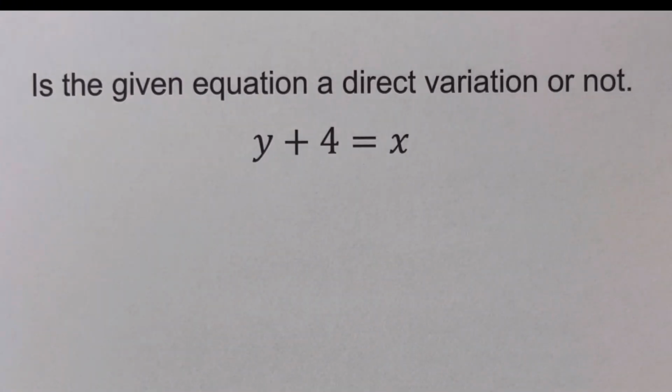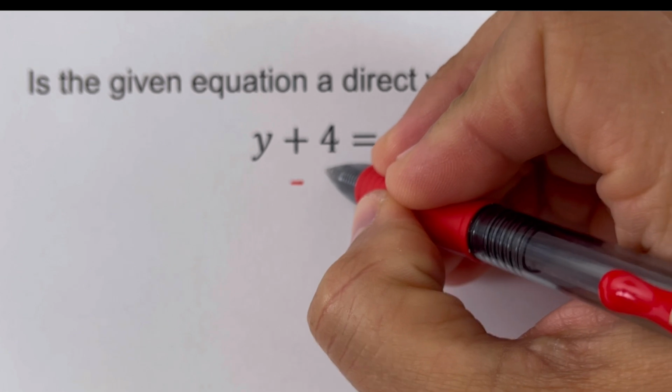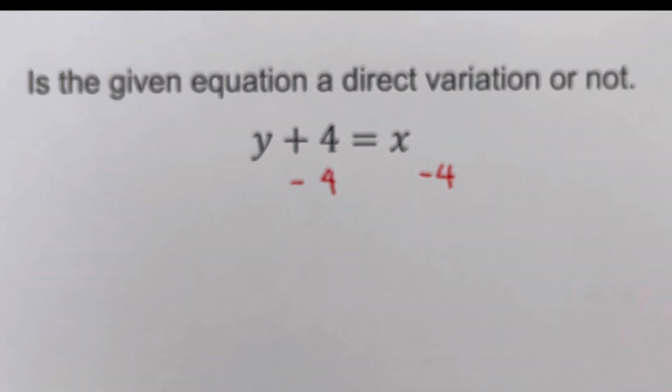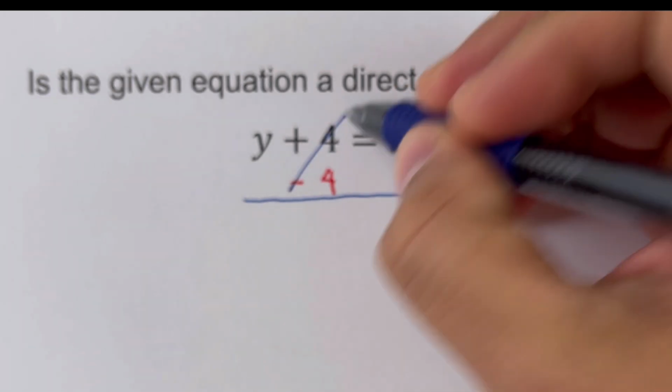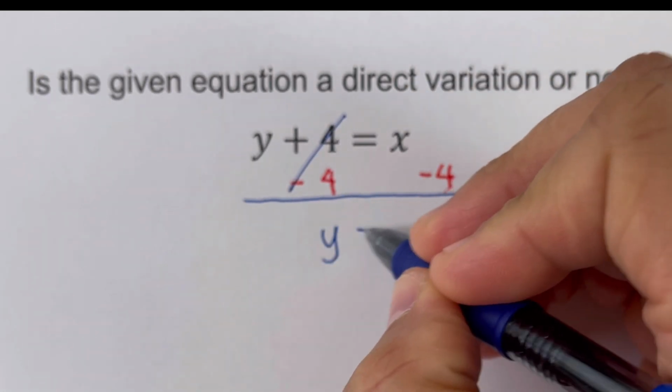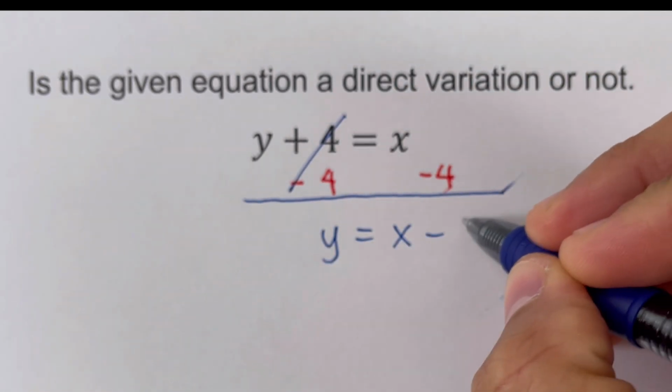In this example, y is not isolated by itself on the left side. So we isolate y by itself so that it comes out in the form y equals kx. So we subtract 4 from both sides, minus 4. So we cross out the 4 and negative 4. So we're left with y equals x minus 4.